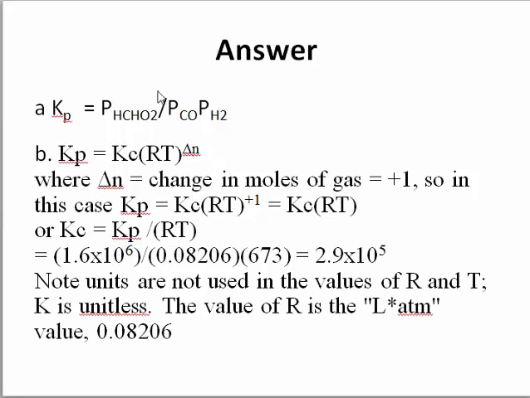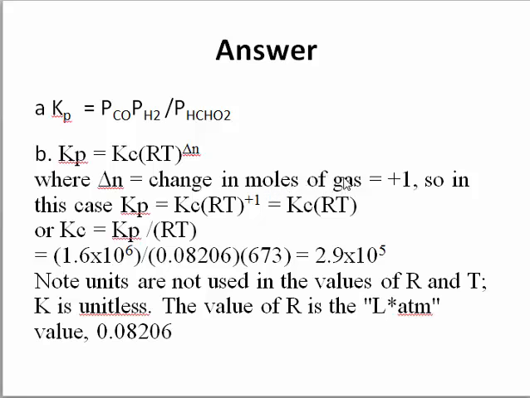Alright, here we have an answer. The expression for Kp is pressure of the product species over reactants. So this is the correct expression. And Kp is Kc times RT to the delta n, where delta n is the change in moles of gas.